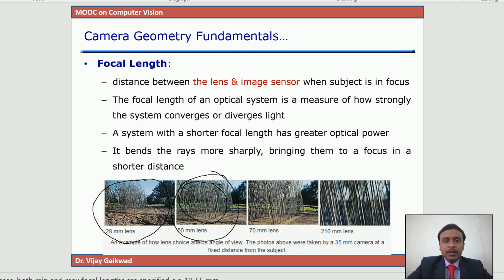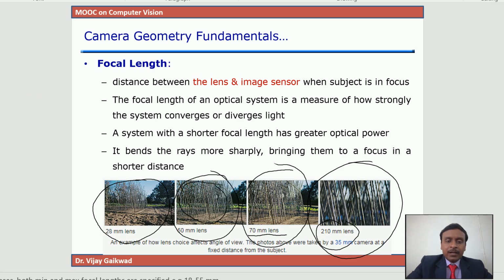I get a zooming effect. In the third picture, the focal length is 70 mm, and I get a bigger, more detailed view of the object. And finally, in the last picture, the focal length is 210, and you get all the minor details of the object.